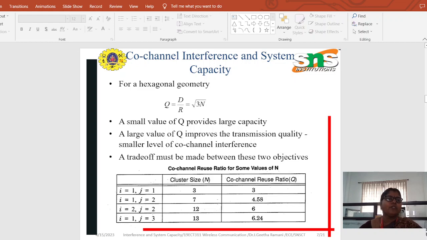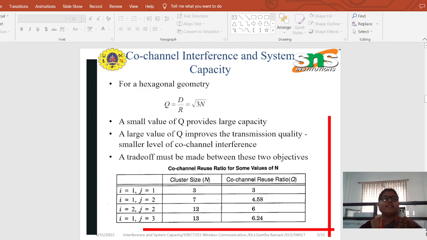So we have to choose Q in such a way that it is a trade-off between these two objectives. This table shows the co-channel reuse ratio for some values of N. For example, see the first row where i is chosen to be 1 and j is also 1, where the cluster size N is 3.